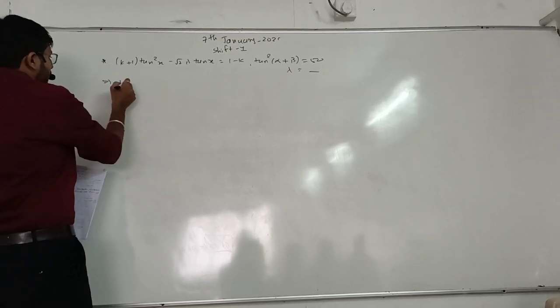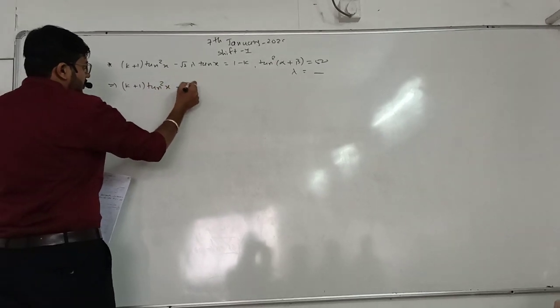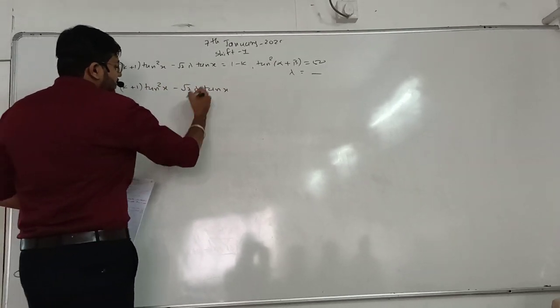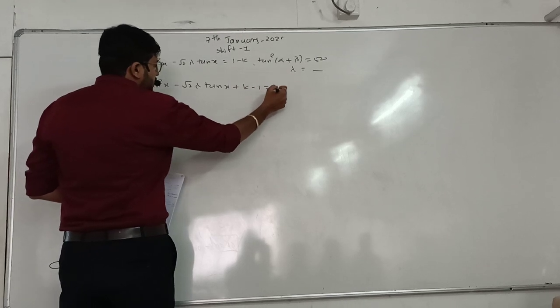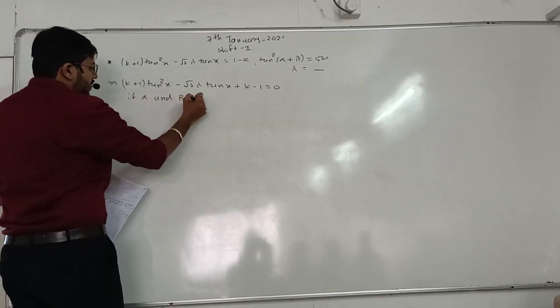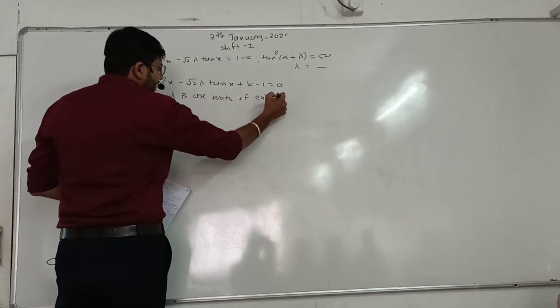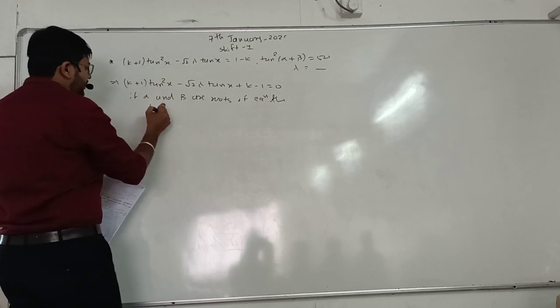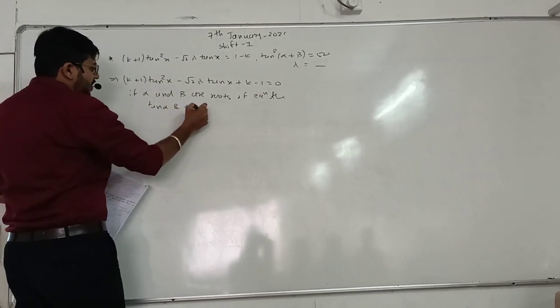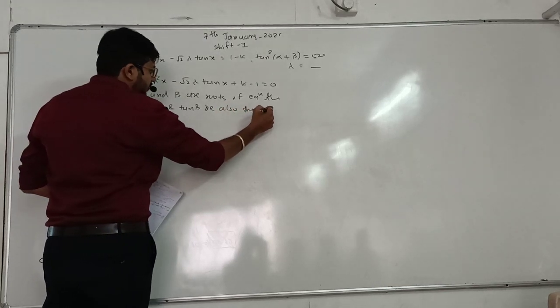Now (k plus 1) tan square x minus root 2 lambda tan x plus (k minus 1) equals 0. If alpha and beta are roots of the equation, then tan alpha and tan beta are also the roots.